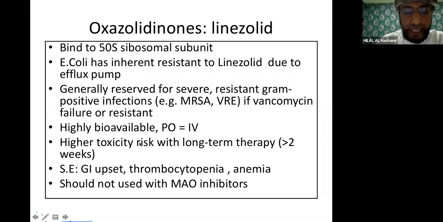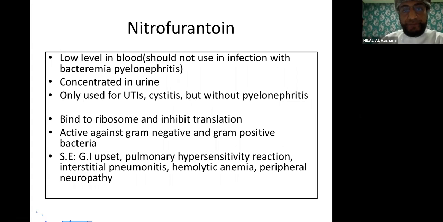It's highly bioavailable, PO equal to the IV, and there is higher toxicity when the treatment duration goes beyond 2 weeks. It causes GI upset, thrombocytopenia, and anemia, and it should not be used with MAO inhibitors or in patients who take MAO inhibitors.